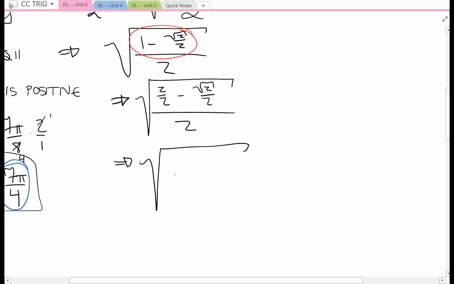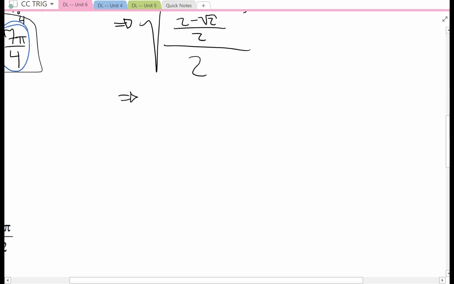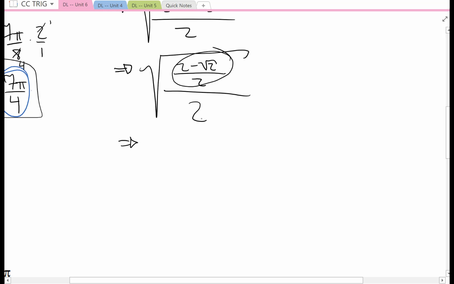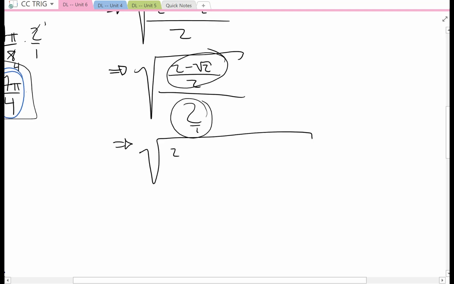Now I can write the numerator as one fraction, 2 minus root 2, all over 2, all over 2. Continue. I have a fraction divided by 2 over 1, so a fraction divided by a fraction. So I can rewrite those next to each other. I'll write 2 minus root 2 over 2 times the reciprocal of the denominator, which is 1/2.